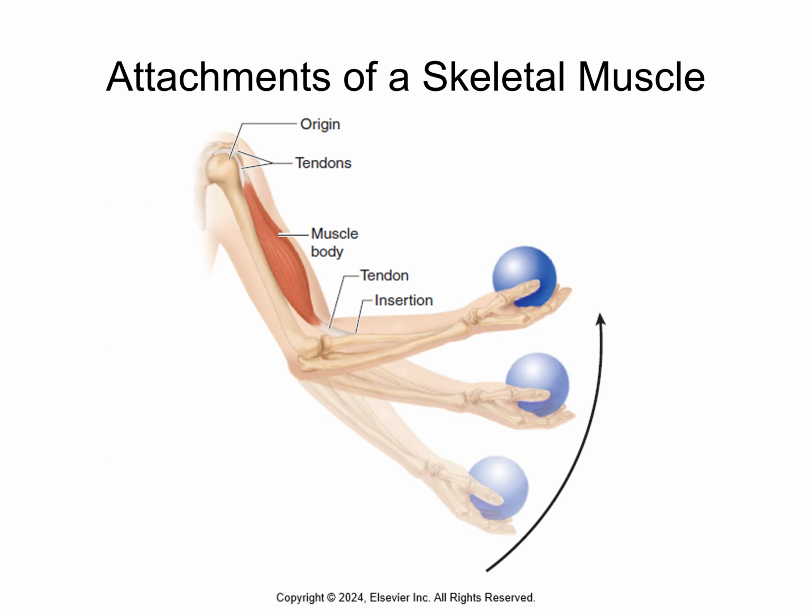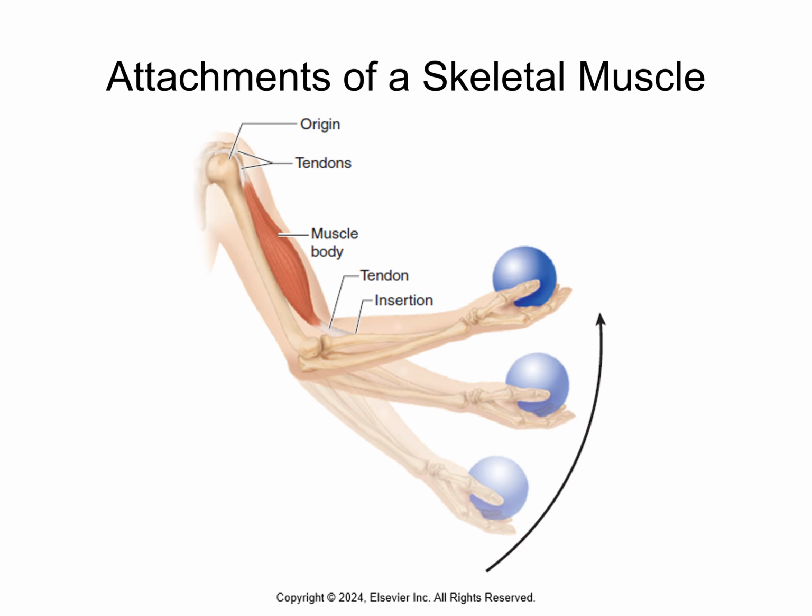So let's take a look. This is exactly what I was talking about, and you see this on your page 225, figure 9-2. Here's the origin. This is your humerus, the long bone of your arm. Here's where the tendon attaches, and here's the body of the muscle. And then here's your, we'll say, ulna, not your radius.